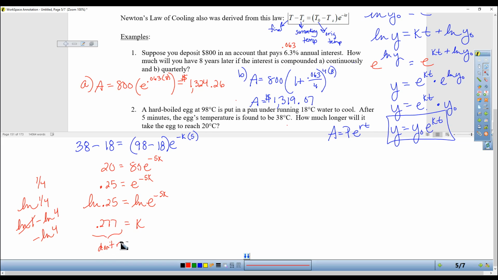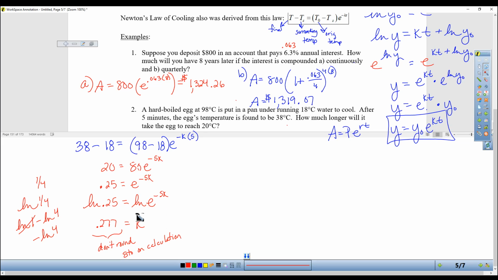Don't round. Store on calculator. This is so important. We're about to use this number for something else. So I know you don't want to write down the whole number, but you need to store the full answer on the calculator. So you've got this number.